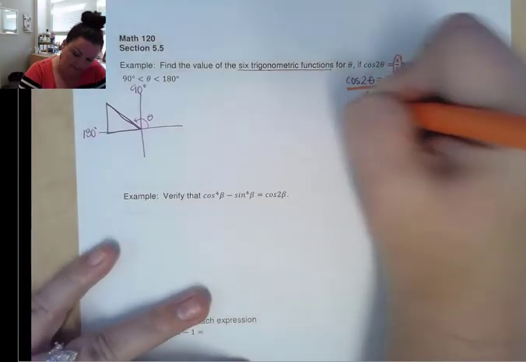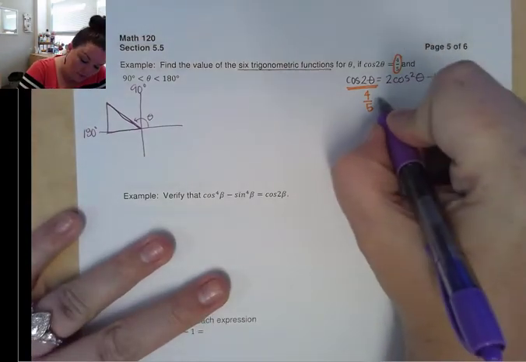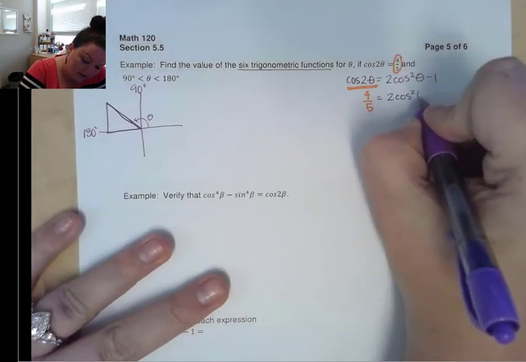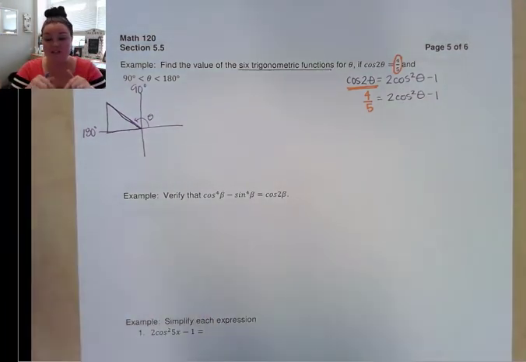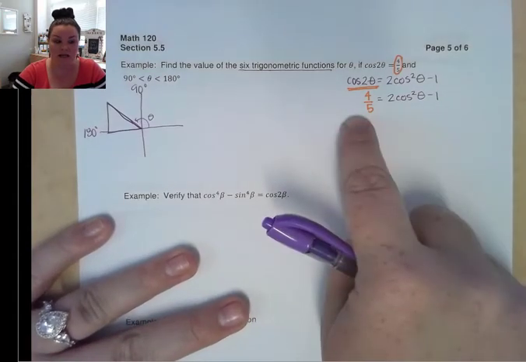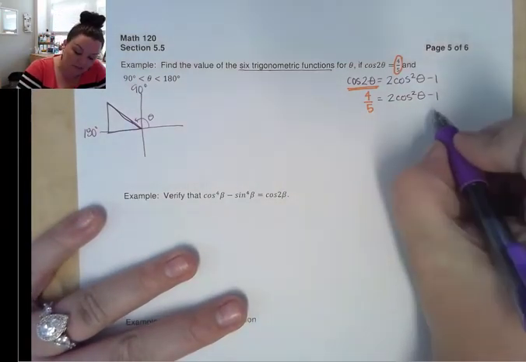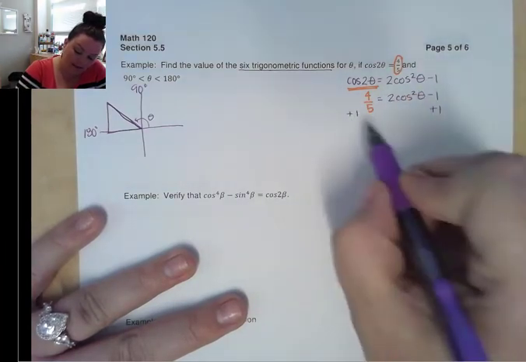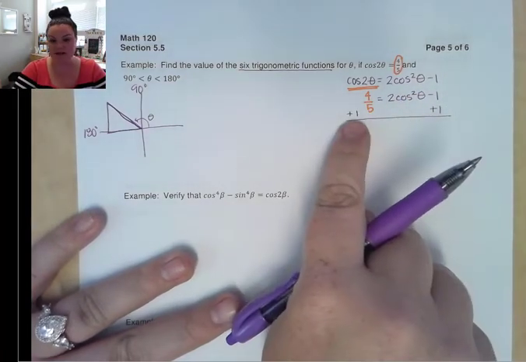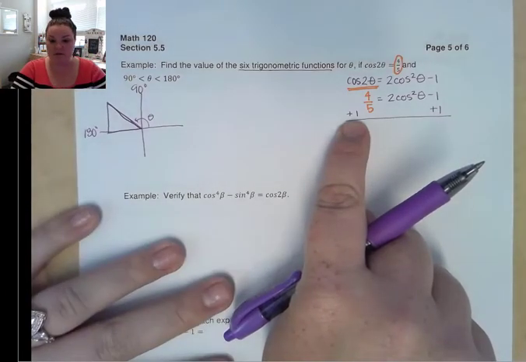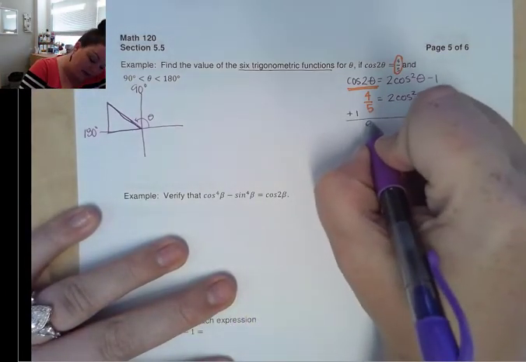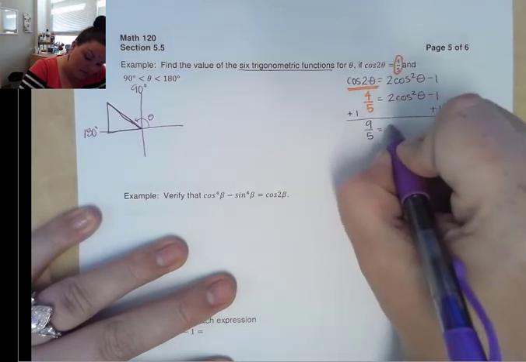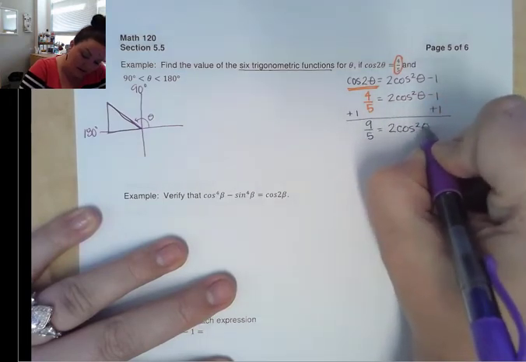So this tells me that 4/5 is equal to 2 cosine squared theta minus 1. So I should be able to solve this to get cosine theta completely by itself. So I'm going to go ahead and move the 1 to the other side. If I add 1 to both sides, again, I can use my fraction button, or I could write this 1 as 5 over 5. 5 over 5 plus 4 over 5 gives me 9 over 5, which is equal to 2 cosine squared theta.